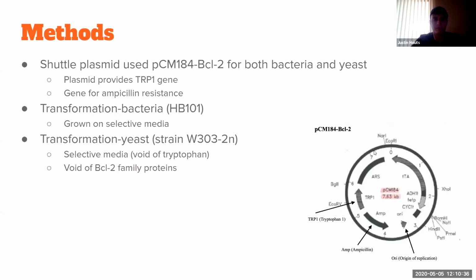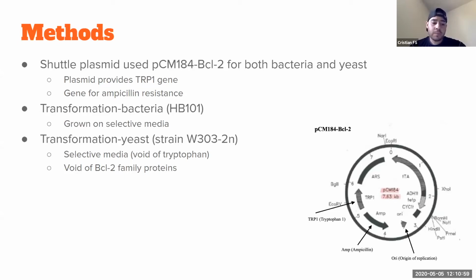For our methods, the same shuttle plasmid, pCM184 BCL2, was used for both bacterial and yeast cells. The plasmid contains genes for both tryptophan 1 and ampicillin resistance. Our bacterial cells, HB101, were transformed and grown on selective media containing ampicillin. This allows us to only grow cells that we want.